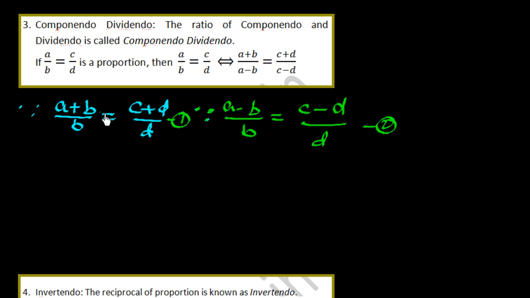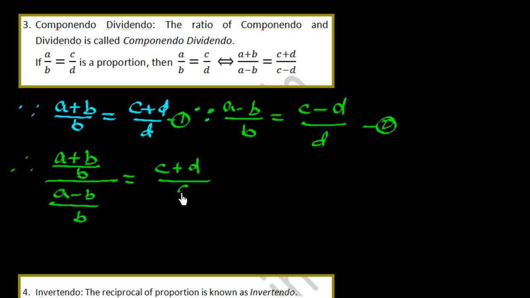We divide the first equation by the second equation, so we get in this way: A plus B over B over A minus B over B is equal to C plus D over D divided by C minus D over D.